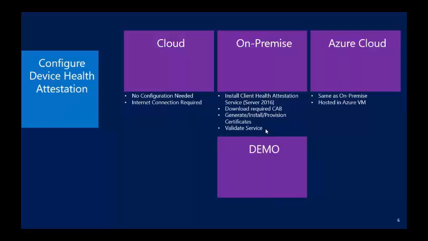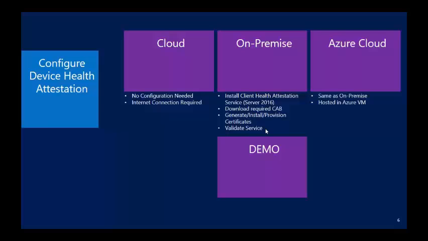So how do we go about configuring Device Health Attestation? Well, there's, again, the 3 scenarios. For the cloud, there is no configuration necessary. Just having an internet connection is all that you need. And there is one example of that we'll see in just a minute.